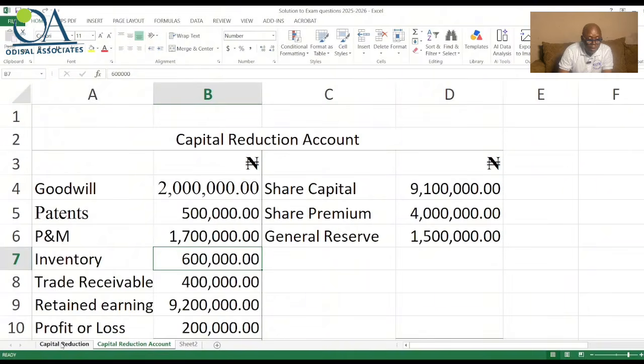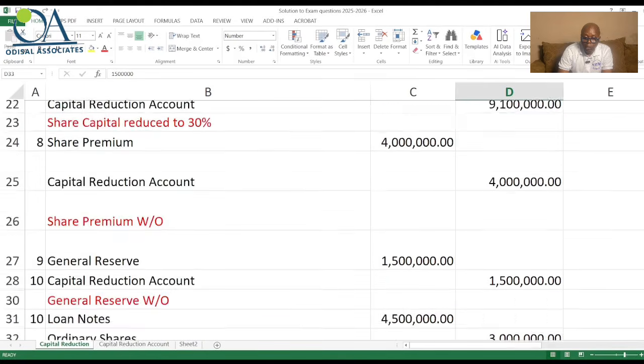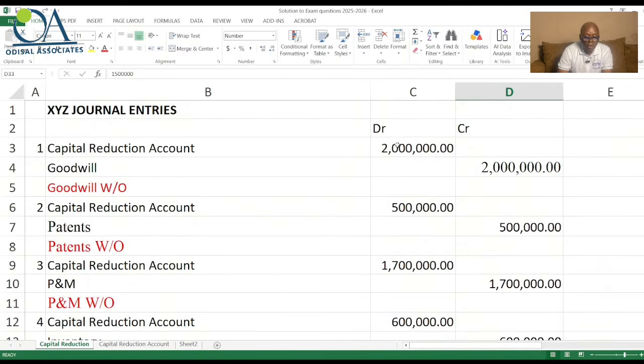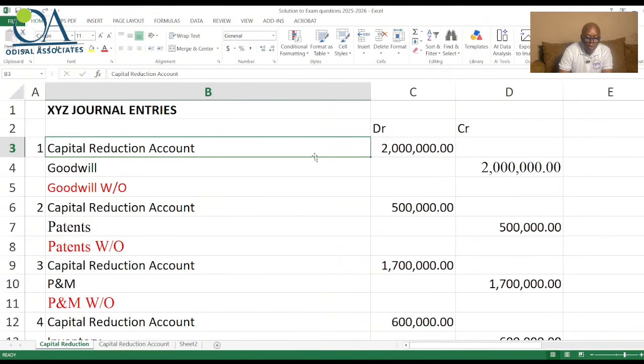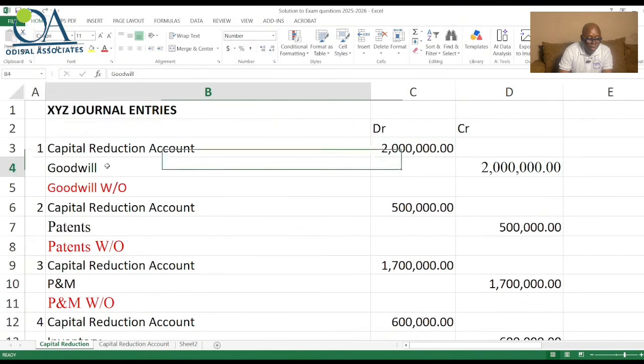Now we look at the journals. Anywhere we see capital reduction account debit, we'll debit the account. Anywhere we see capital reduction account credit, we'll credit the account. So in this place, we have capital reduction account as debit here, and we are using goodwill to debit it.